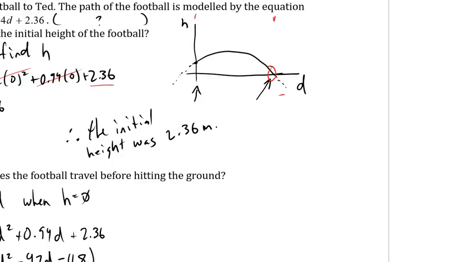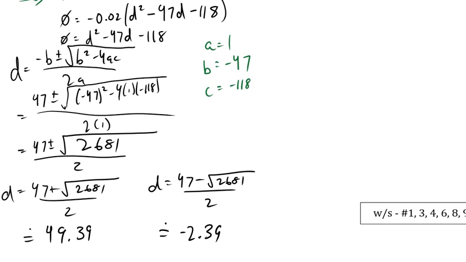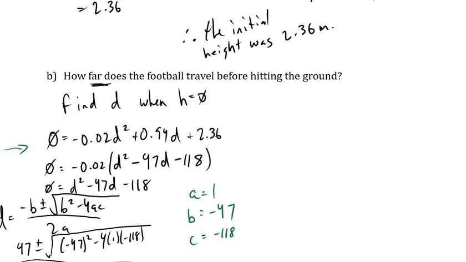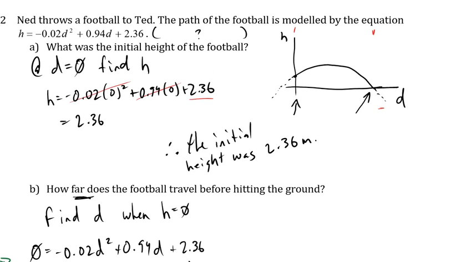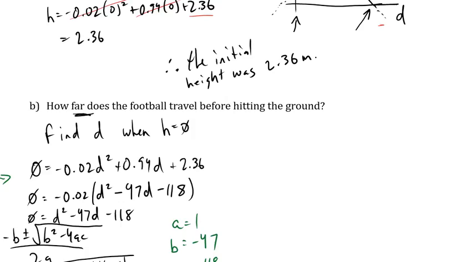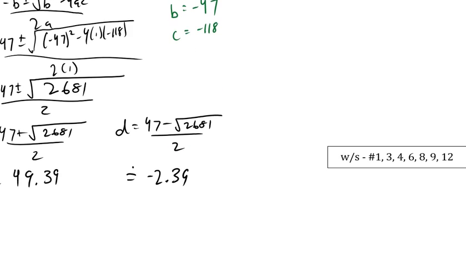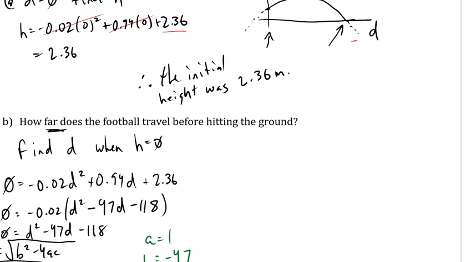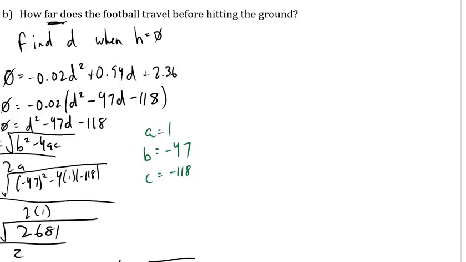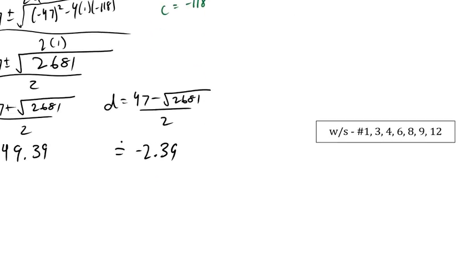So that one's going to be the positive, what was it? 49. So he threw it almost 50. We're calling this, I guess, height's probably in meters as well. Maybe it's in feet or yards. But that's a big throw, almost 50 meters, right? So this one, it is a length or a distance, so inadmissible.